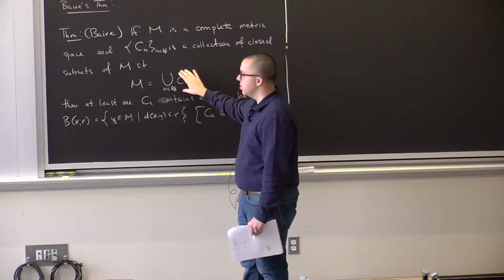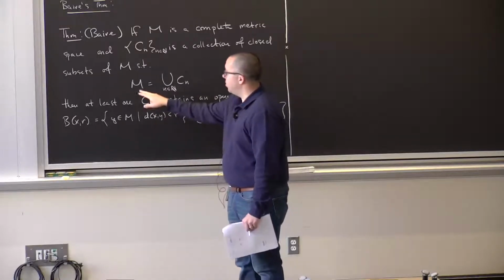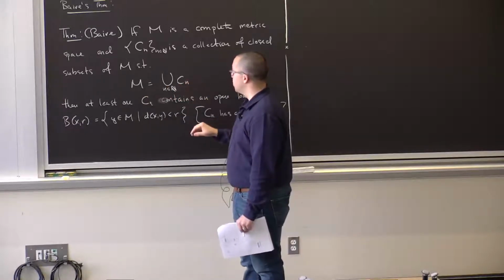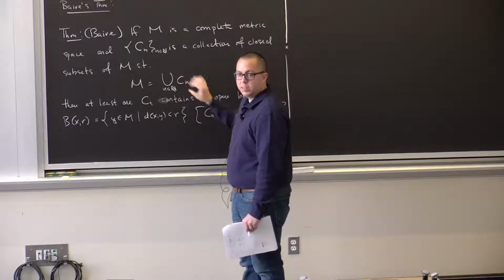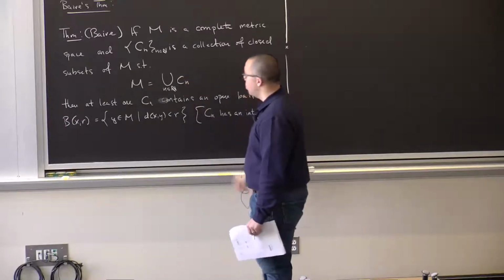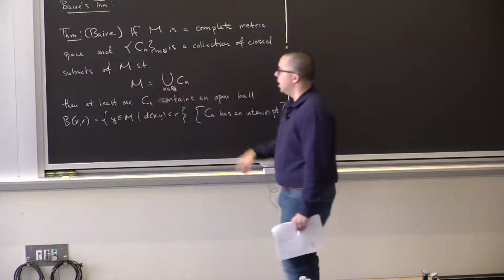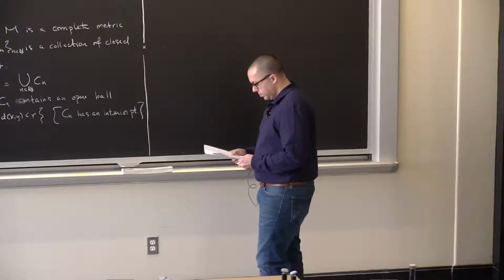So Baire's theorem says that if you have M equal to the union of a collection of sets, then the closure of one of those sets has to be dense somewhere. Or you can't write M, a complete metric space, as the union of nowhere dense subsets. Okay?